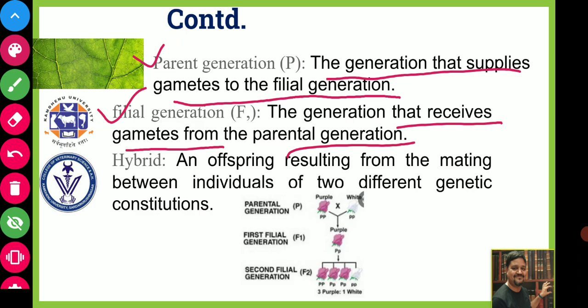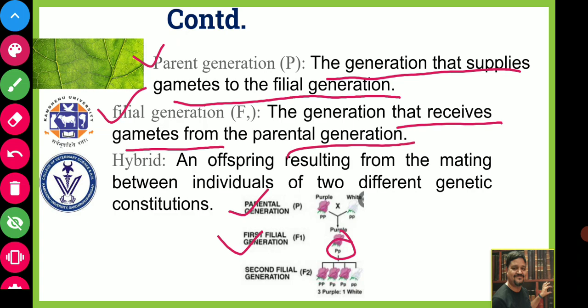Here in this figure you can see the parental generation. It has two types of gametes, capital P and small p. These two gametes will be crossed in the next generation. The first filial generation will form the hybrid, capital P small p.